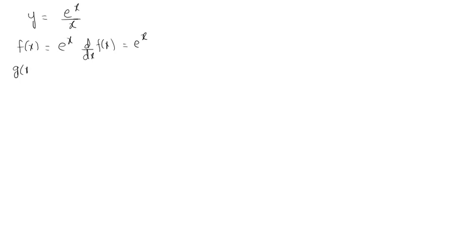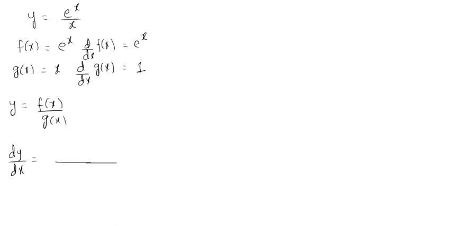So d by dx of g(x) is 1. So y equal to f(x) by g(x), then dy by dx will be equal to g(x) square in the denominator, g(x) into, this is what we derived, minus f(x) into.